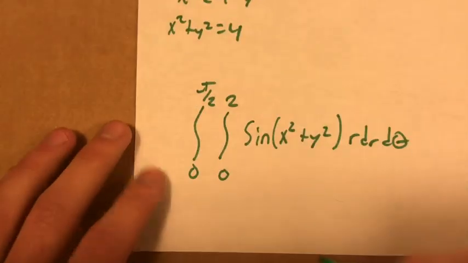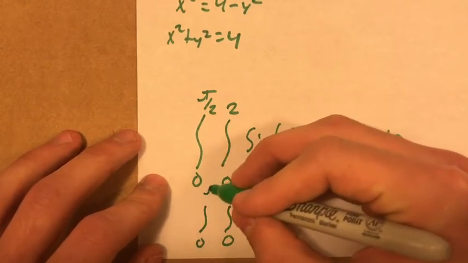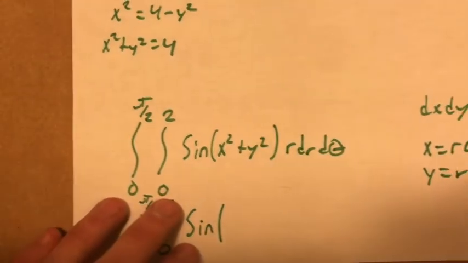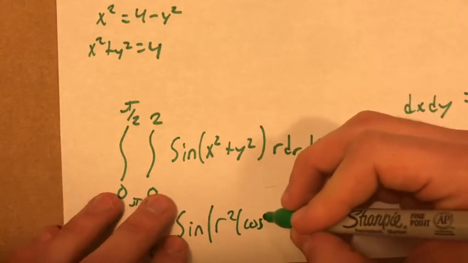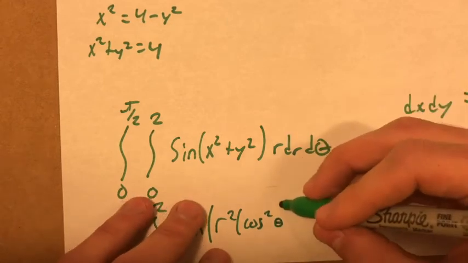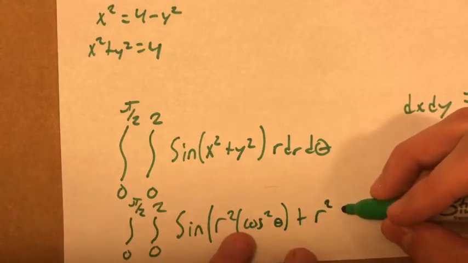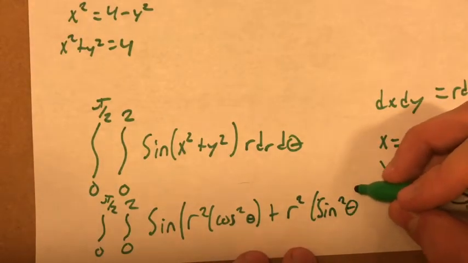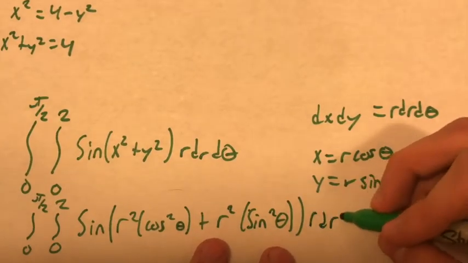So if we change this around, we're going to be integrating from 0 to 2, and from 0 to pi over 2, sine of r squared cosine squared theta plus r squared sine squared theta, r dr d theta.